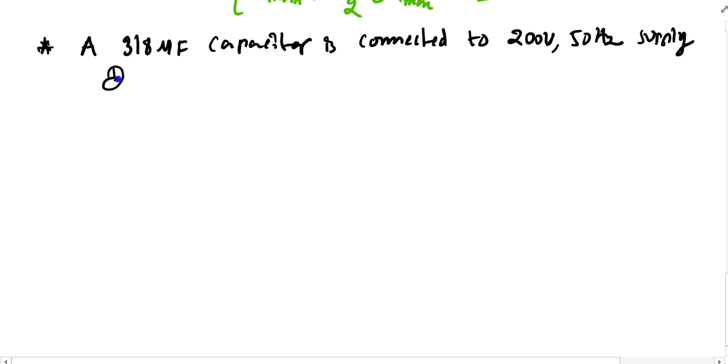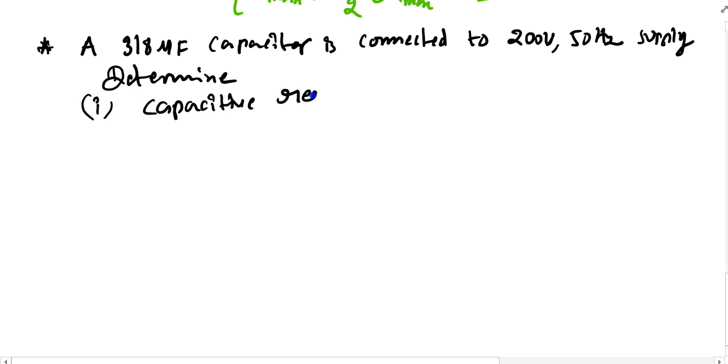Then determine: the first is capacitive reactance. The second point is maximum current.